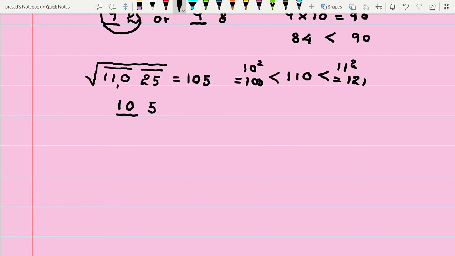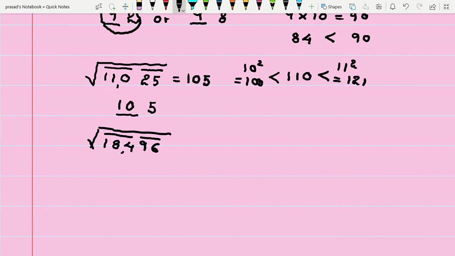Take one more problem here. Square root of 18,496. So how will you do the grouping? Starting from right to left, make a group of two and then all three.